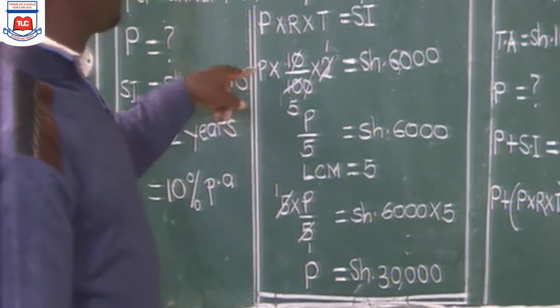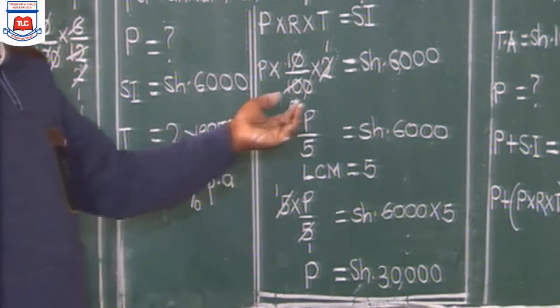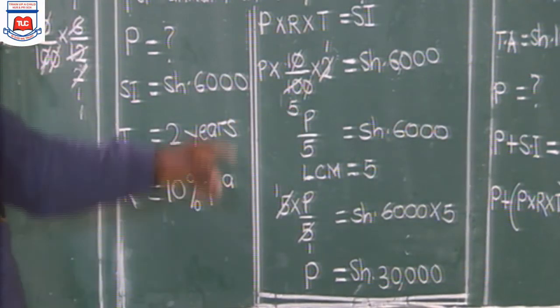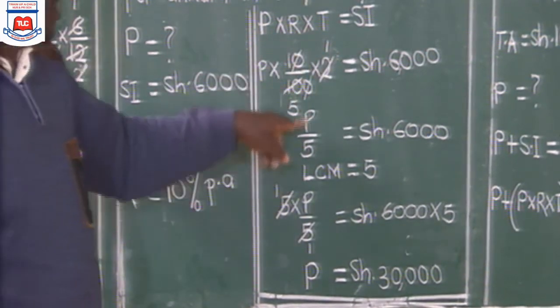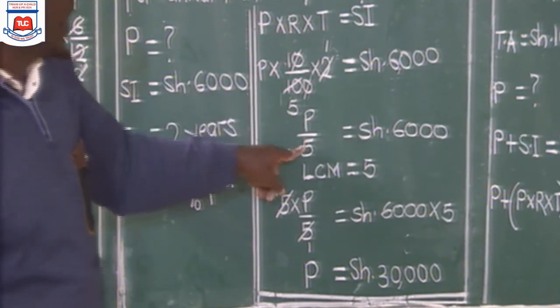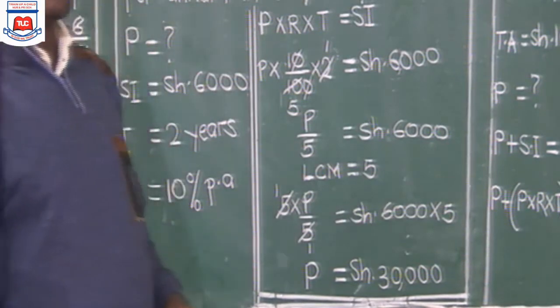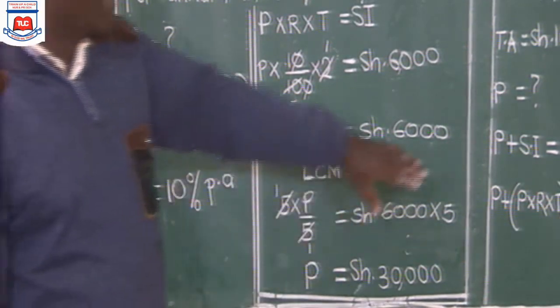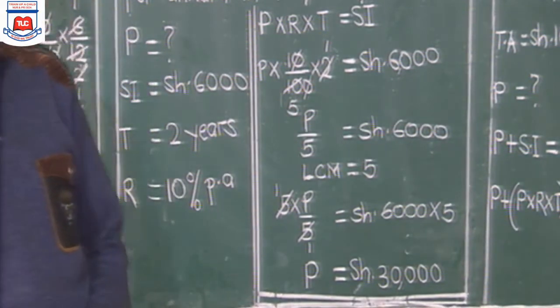So we multiply the numerators out of the denominator 5. P times 1 is actually P. Now P out of one denominator 5, so P out of 5 equals 6,000 shillings. It should be noted that 6,000, or a figure without a denominator, is actually out of 1.